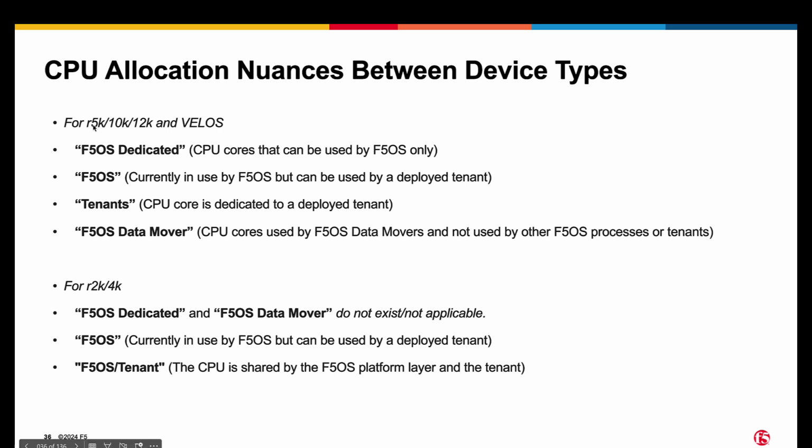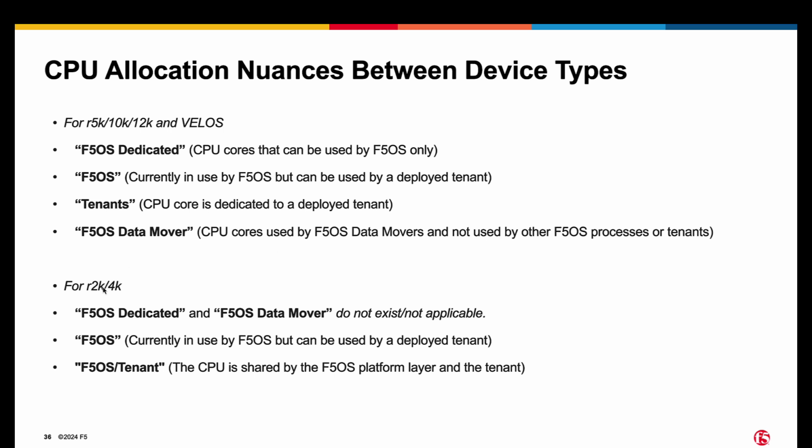So on the R5K, R10K, R12K, and VELOS, you'll note that a CPU can be F5OS dedicated, meaning that it can be used by F5OS only, or that it can be F5OS, meaning that it's currently in use by F5OS, but is available to be used by a tenant, or a CPU can be dedicated to a deployed tenant, or it can be denoted as an F5OS data mover CPU, meaning that it's used by F5OS data movers and cannot be used by F5OS or by tenants.